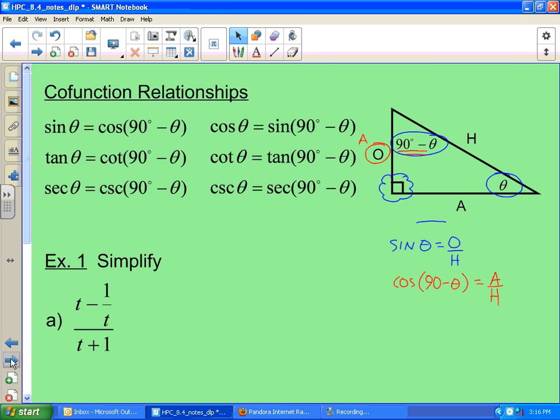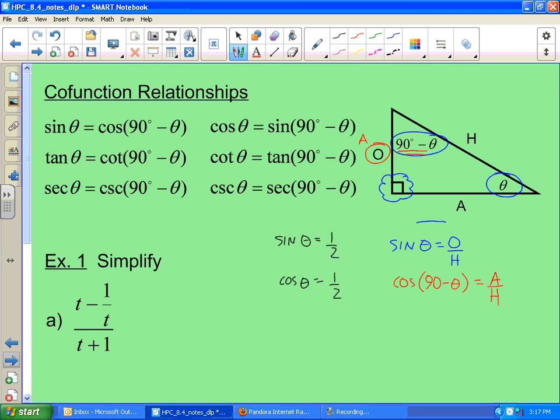Let's put some numbers in here that we're probably familiar with to actually see how this works. So if I said sine of, well, what angle produces a ratio of 1/2? We said for a sine, that would be a 30-degree angle. But there's also a cosine angle that produces a ratio of 1/2.